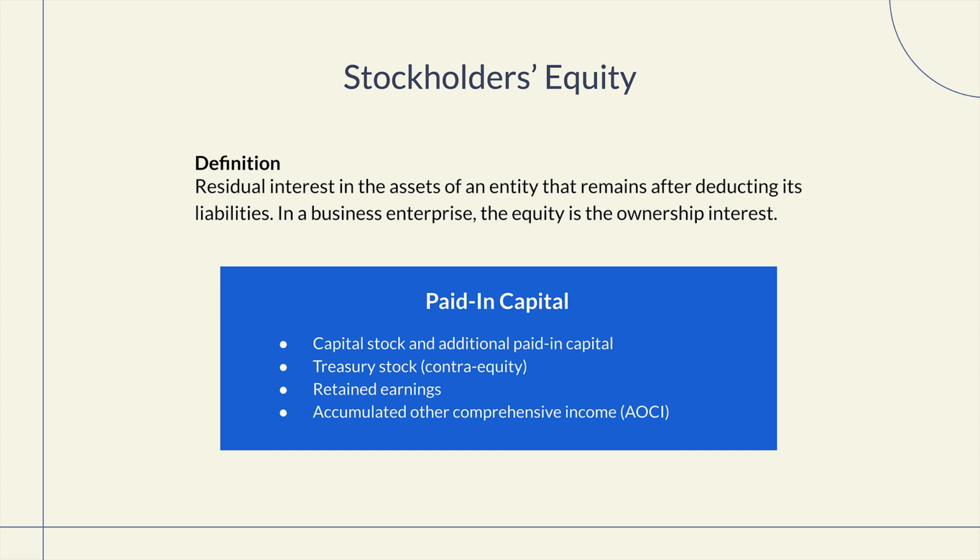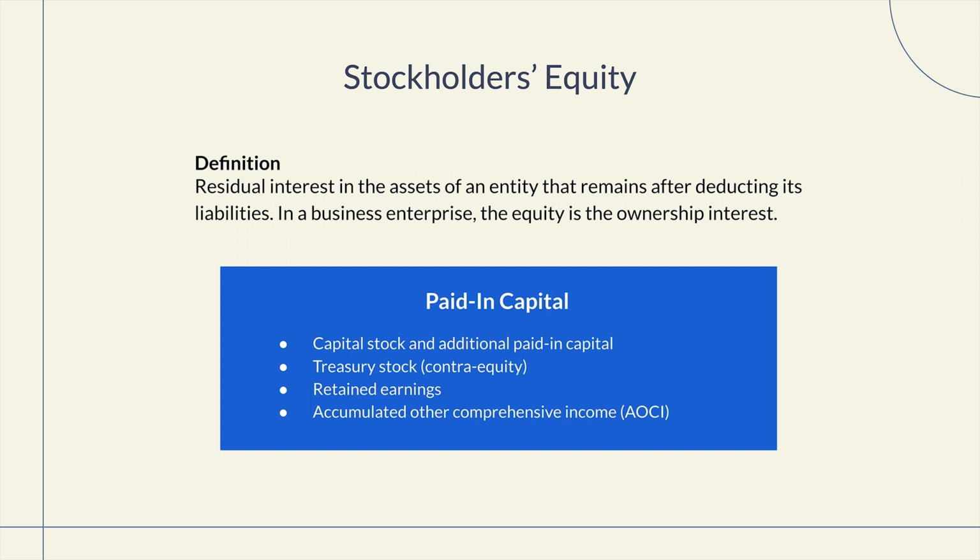Information about the number of shares the company has authorized and how many shares have been issued and are outstanding must be disclosed either directly on the balance sheet or in a footnote disclosure. Retained earnings represent the accumulated net income reported by the company since its inception, minus all dividends distributed to shareholders. And a third and final component of shareholders' equity is accumulated other comprehensive income.